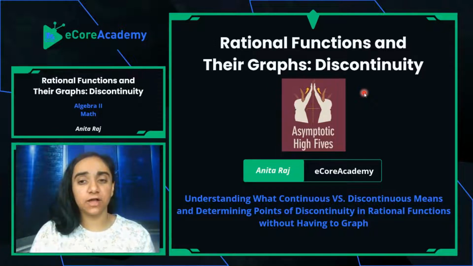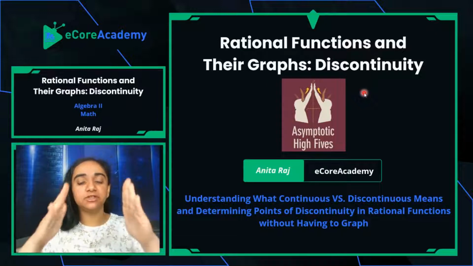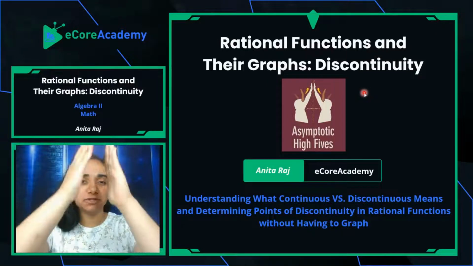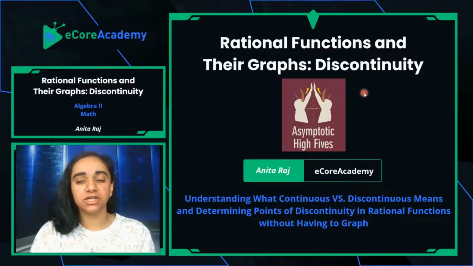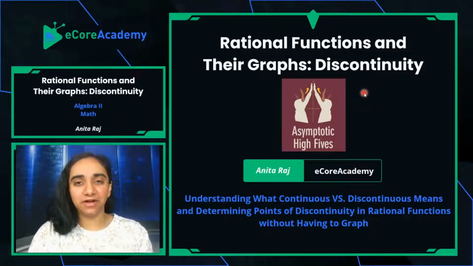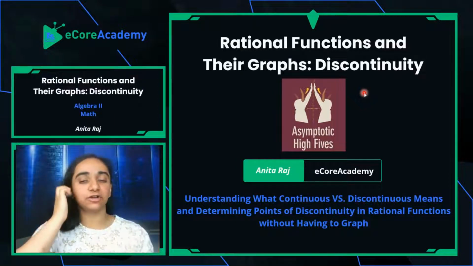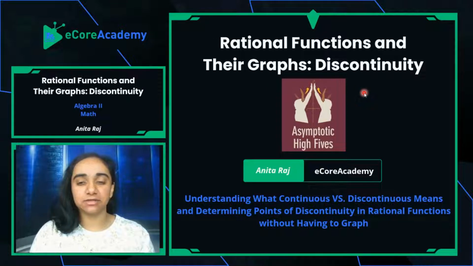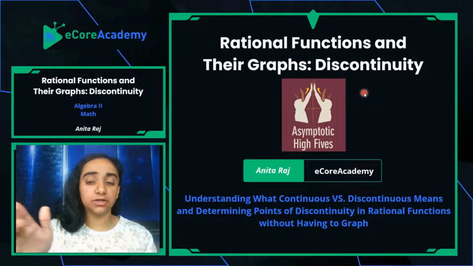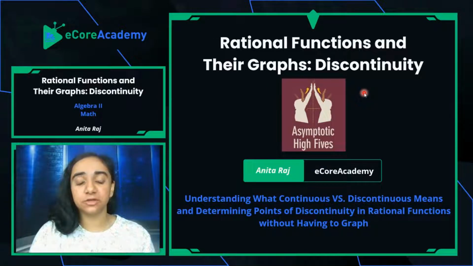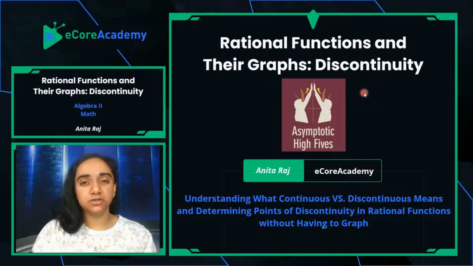In this case, our vertical asymptote is the y-axis, so it's x equals 0. You see two people clapping, so it kind of represents the curves of a rational function. So that's why it says asymptotic high fives. Sometimes you'll see rational functions that approach their asymptotes like that. And also you'll see that there's a horizontal asymptote incorporated into this, but don't worry about that. We'll talk about that in 2 more lessons.